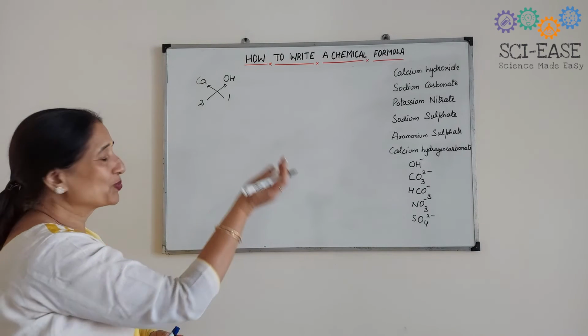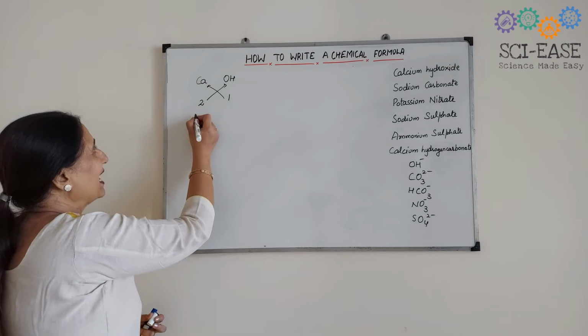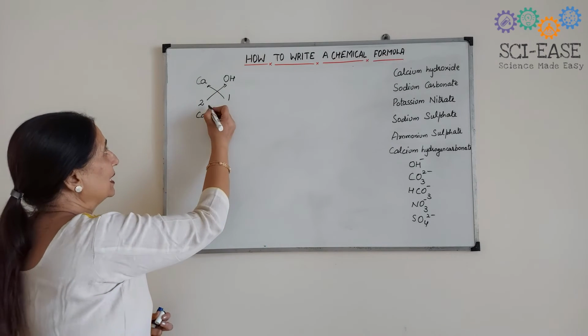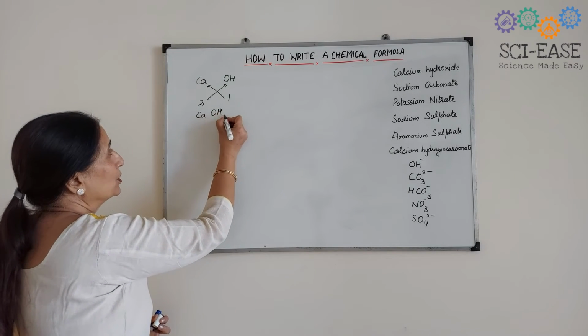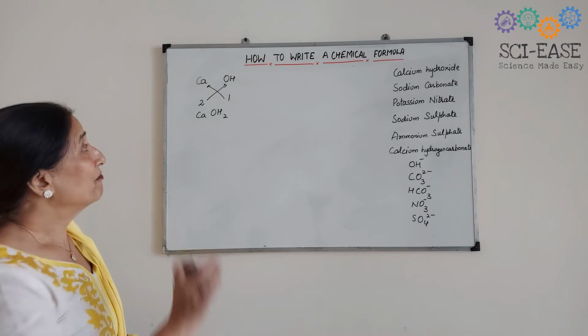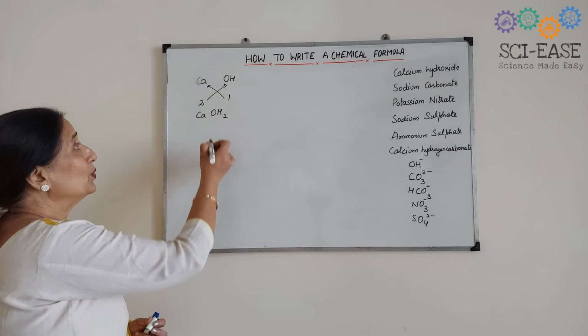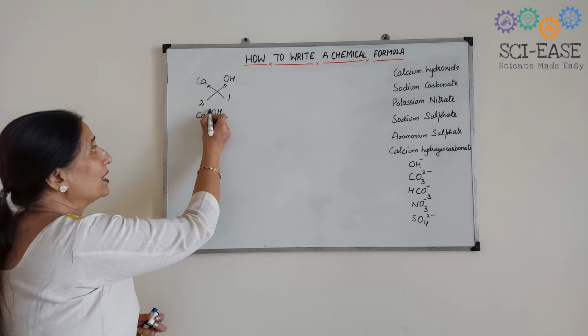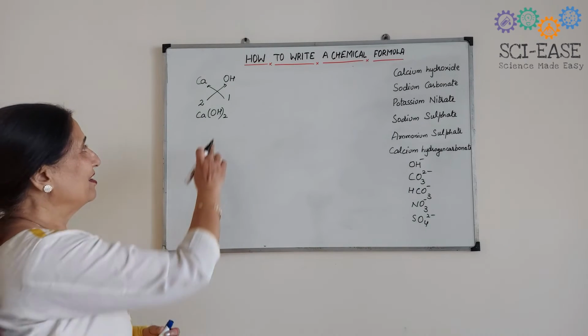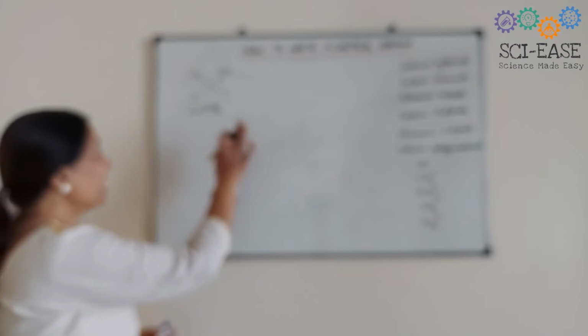Here is next rule I am going to tell you, that Ca1, no need to write 1. OH 2. Here we are not to write 2 here. We are to put this polyatomic ion in brackets and then we are to write the valency. This is the next rule.